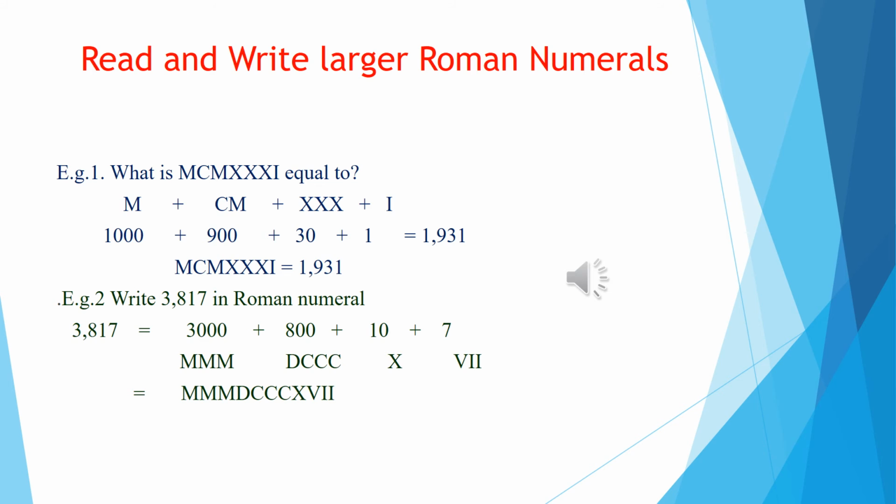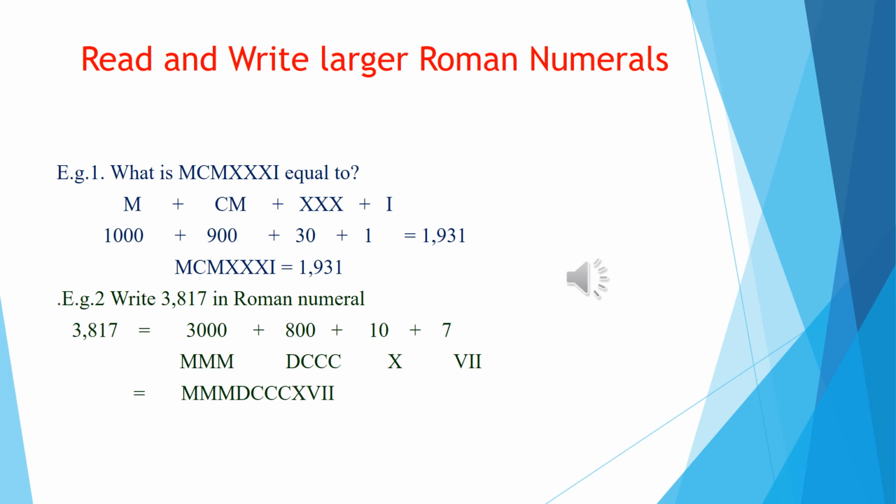Look at the second example. Write 3817 in Roman numeral. First, we will write the expanded notation of the given number. That is, 3817 equals 3000 plus 800 plus 10 plus 7. Now we will write the Roman numeral for each separate notation.